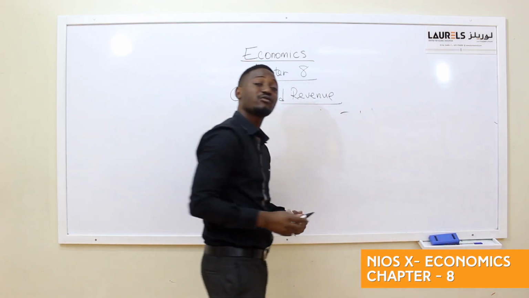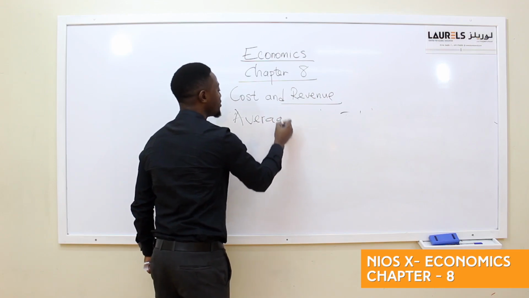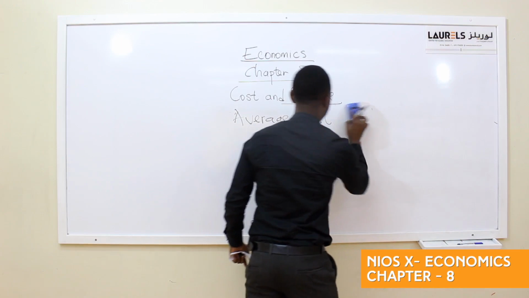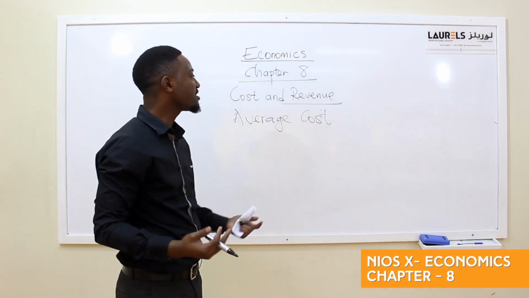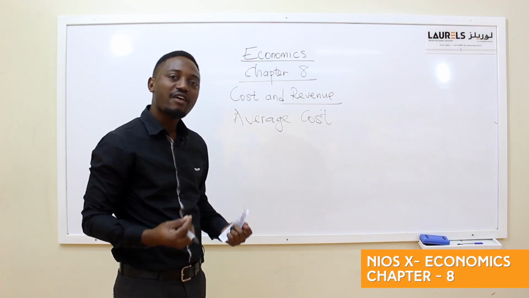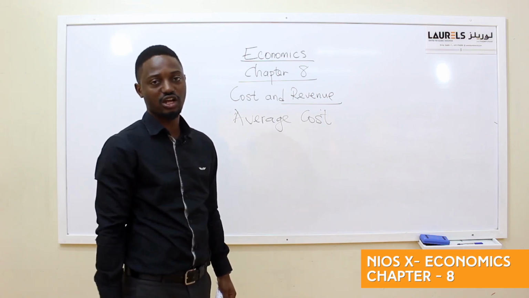Now, the next type of cost we will look at is what is called the average cost. What is the average cost? If a business produces 500 units of output, the average cost will represent the cost of producing 1 unit of such output.